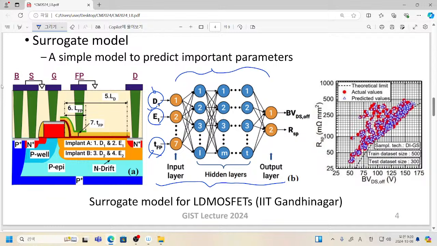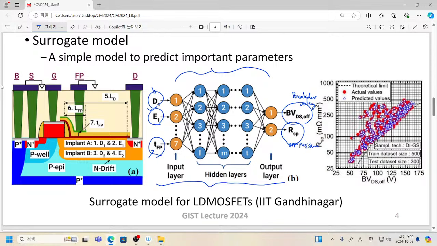But the point is, we can calculate the breakdown voltage of our device and specific on resistance. This is on resistance.